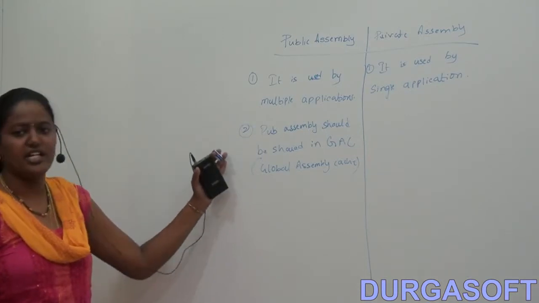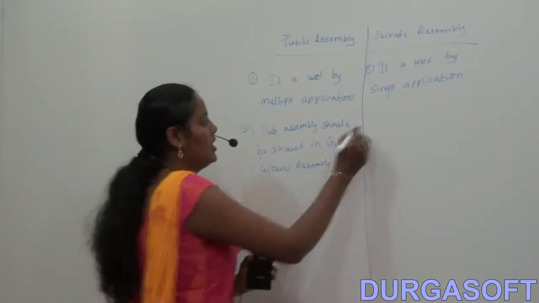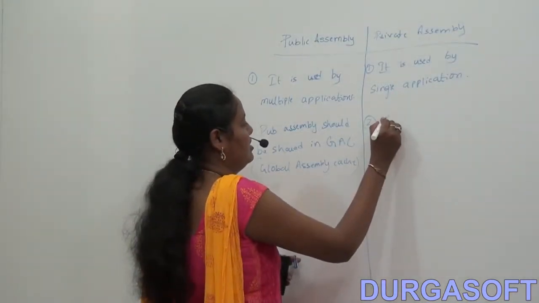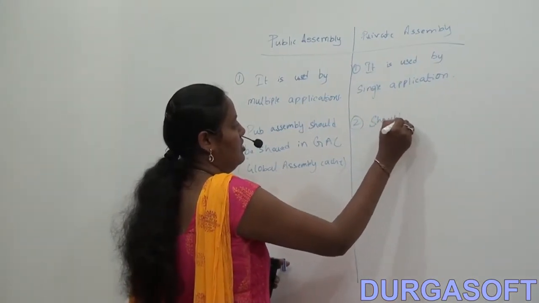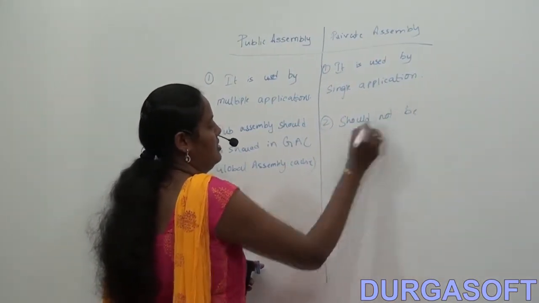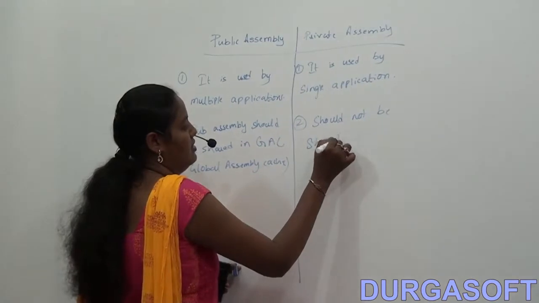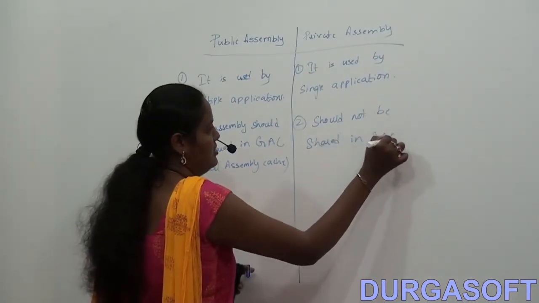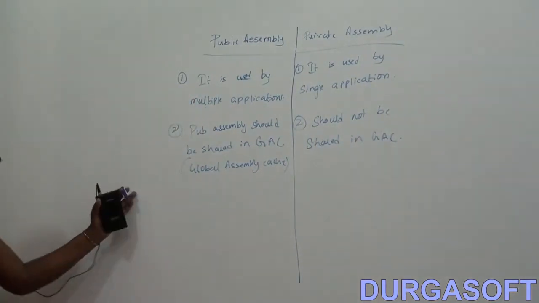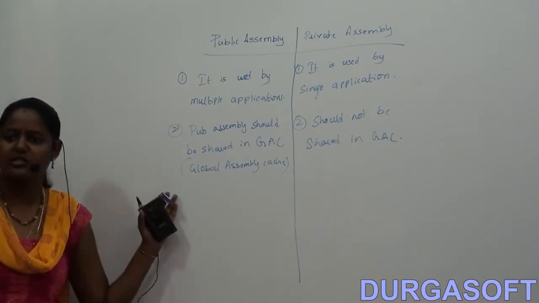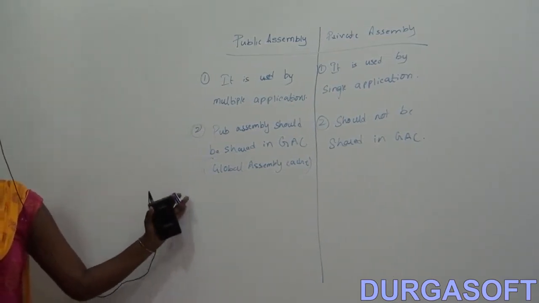This should be shared in GAC. Whereas coming to the private assembly, it should not be shared in GAC.